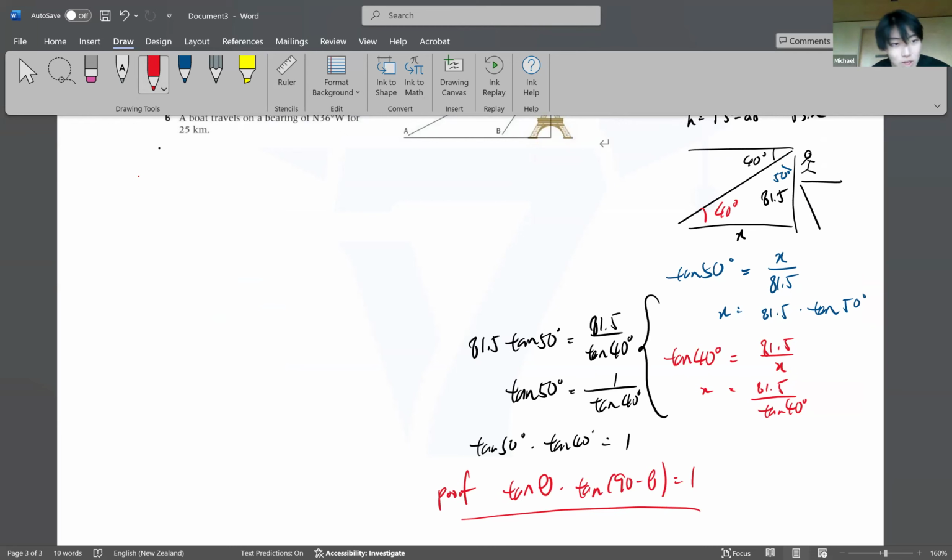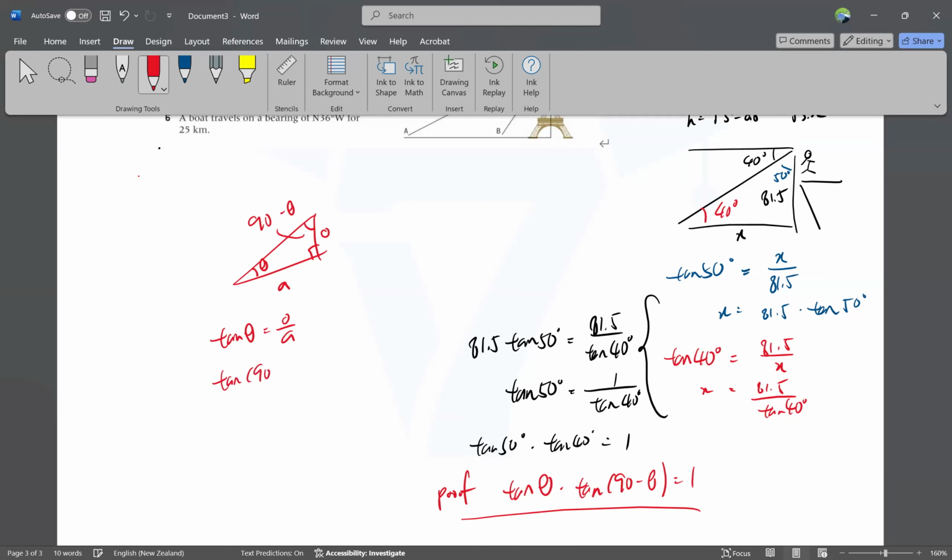This could very, very likely be an exam question you get in high school, right? All you've got to do is write out the right angle triangle. You'd have opposite, adjacent, and this is your 90 minus theta. So you get tan theta is opposite over adjacent, and then tan 90 minus theta is adjacent over opposite.